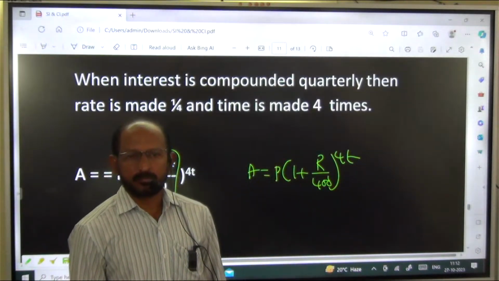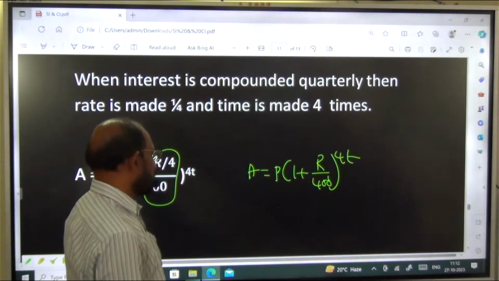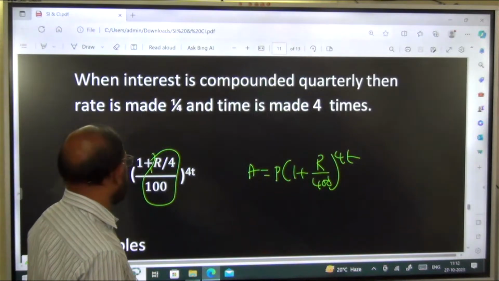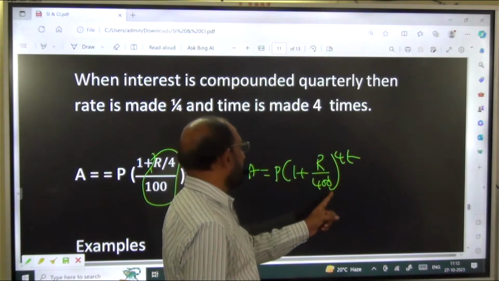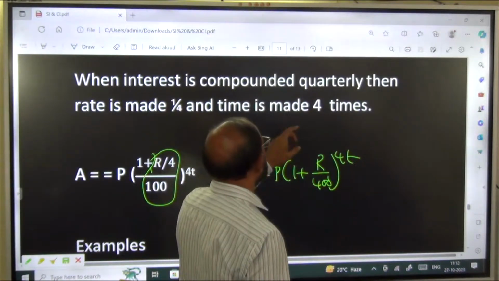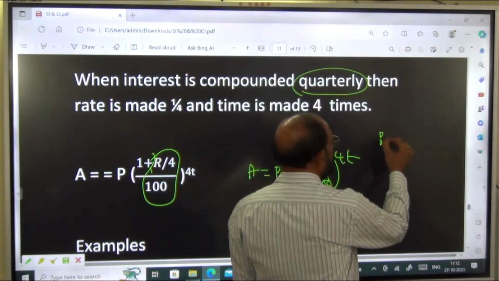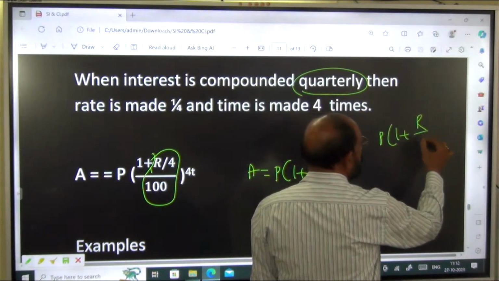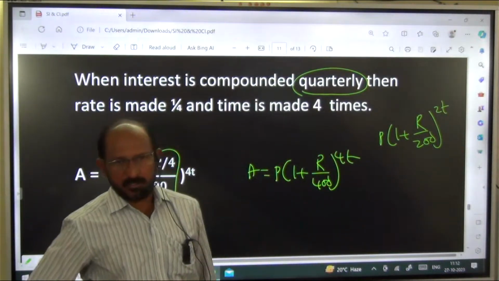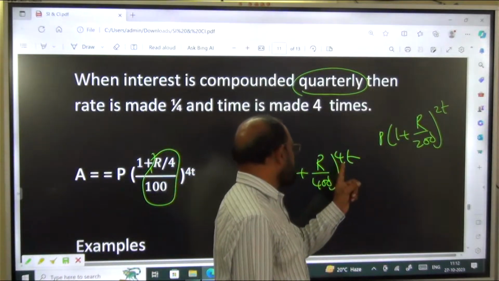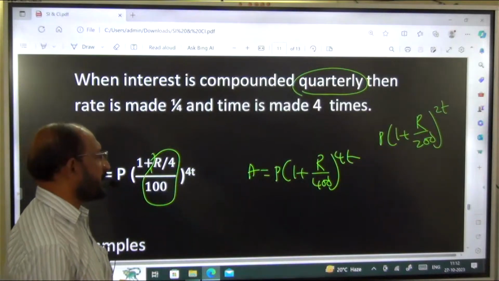Is it clear? So amount is equal to P into 1 plus R by 400 whole power of 4n. When it is every quarterly or every half yearly, P into 1 plus R by 200. Half means 2 times in 1 year. 4 means 4 quarters, nothing but 1 year. That's why 4 times we are taking.